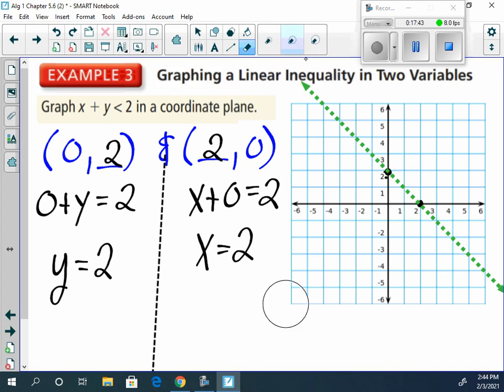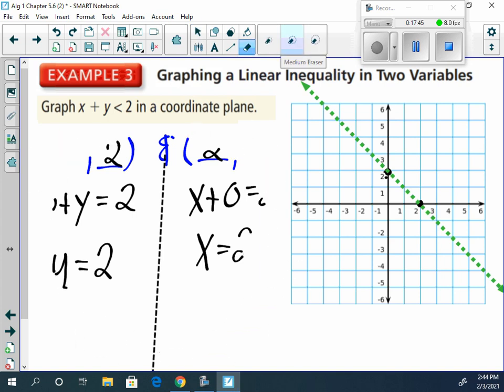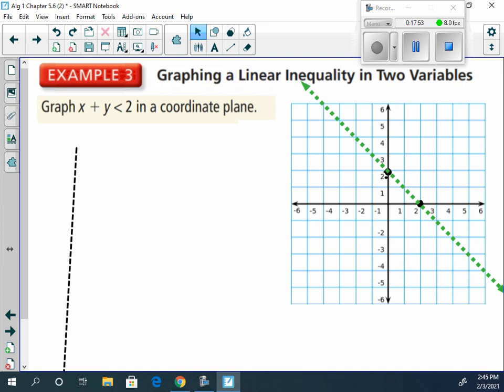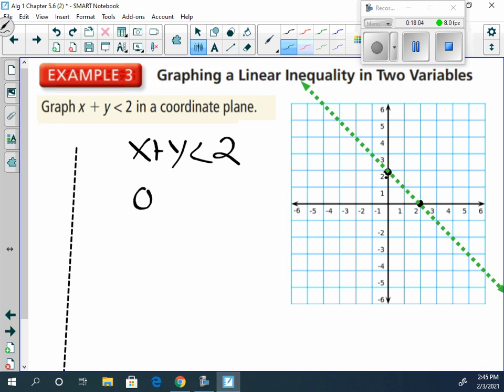Now the last thing we need to do is figure out which side we're going to shade. For the side with the zeros. So let's see. If I take the equation, x plus y is less than 2, and I'm assuming we're picking 0, 0 again, yes? Well, 0 plus 0 is less than 2.